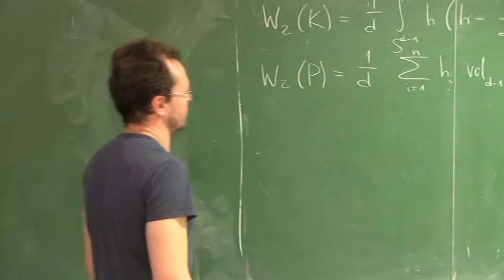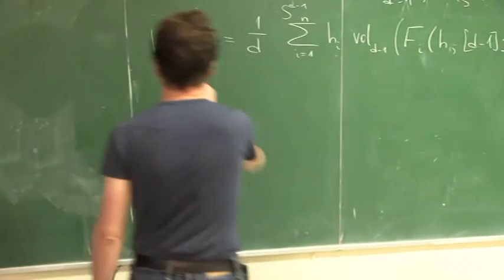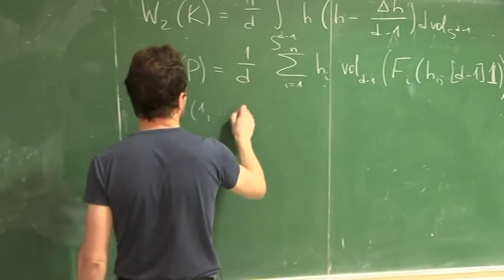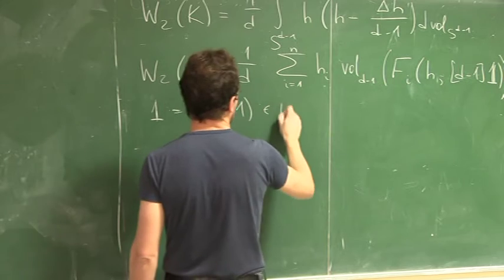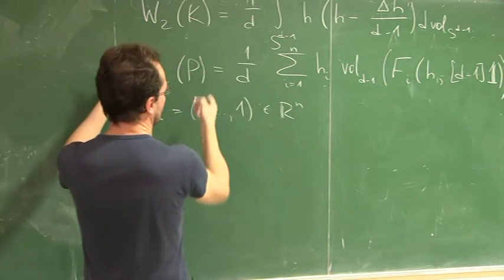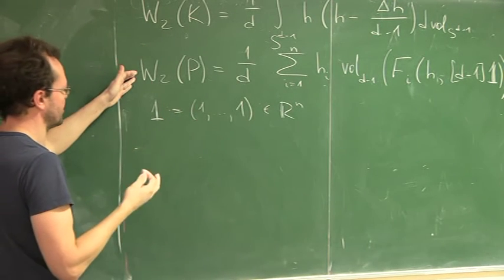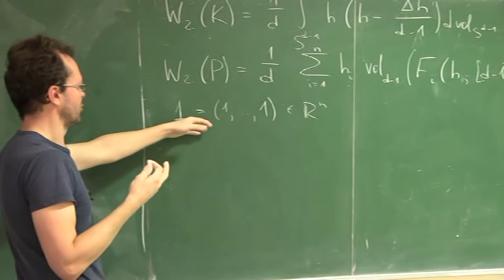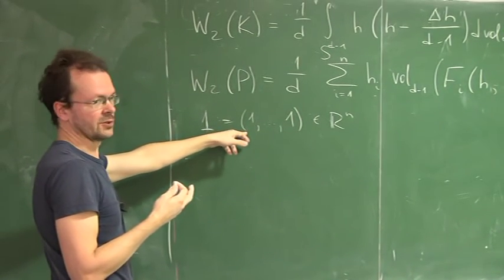I have to skip some details, but 1 is just the vector in R^n with all entries 1, and we are looking here, of course, at strongly isomorphic polytopes, with the same combinatorics as the polytope with h_i equal to 1.